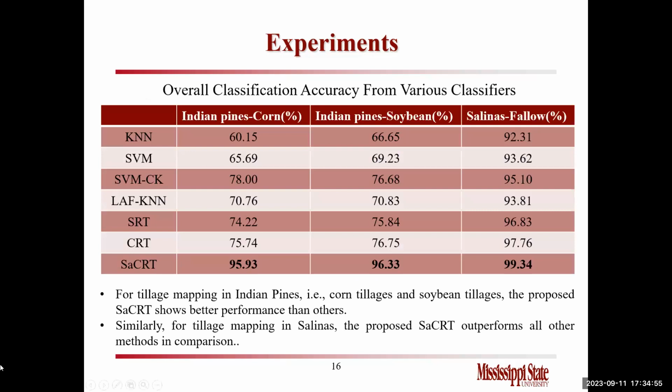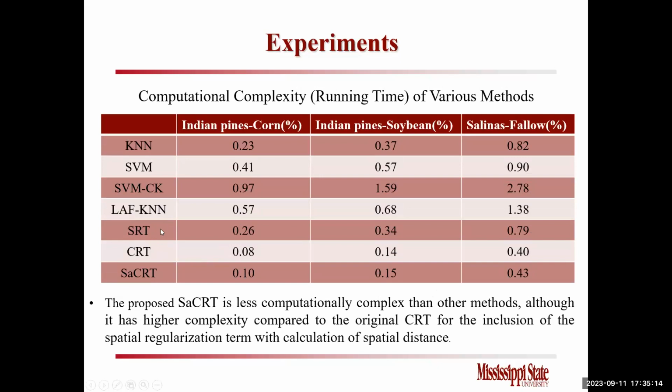So we compare CRT, which is the original collaborative representation, SACRT, which uses spatial regularization, SRC for sparse representation, and others like KNN, SVM, and so on.